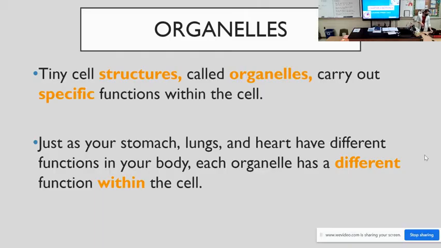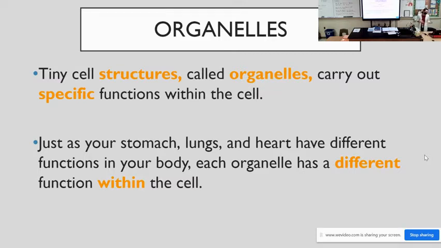So, going over what an organelle is again, these are tiny cell structures that carry out specific functions within the cell. Okay, so we already know a cell is very, very small. Organelles are even smaller, inside cells, and have specific tasks and jobs to carry out to help the cell function and complete its job.